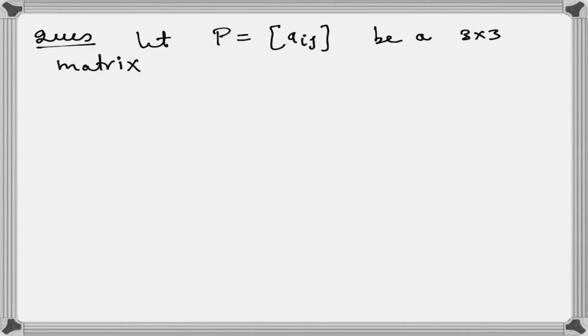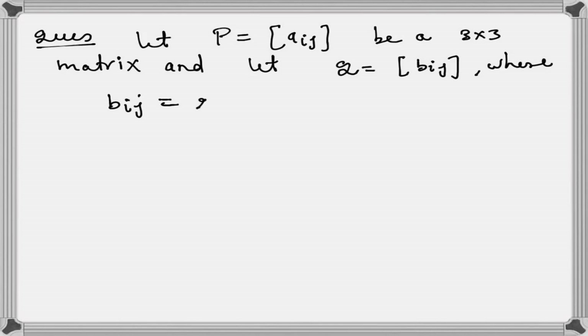Okay, so let's solve another problem. The question is: let P equal to the matrix Aij be a 3 cross 3 matrix, and let Q equal to Bij, where Bij is equal to 2 to the power i plus j times Aij, where i and j are between 1 and 3.